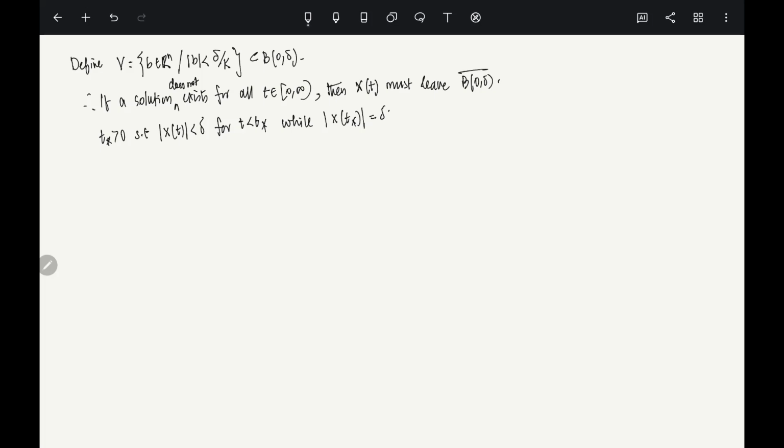Now, the solution does not exist for all time t. That's our assumption. We have to prove it exists for all time t, so we are assuming that it does not exist. In that case, it starts from 0, and it is not contained in that compact set, because if it were contained, it would have to exist for all time t. So it has to leave the compact set. Now, if it is leaving the compact set, there is some time t equals t star where it has to touch the boundary.